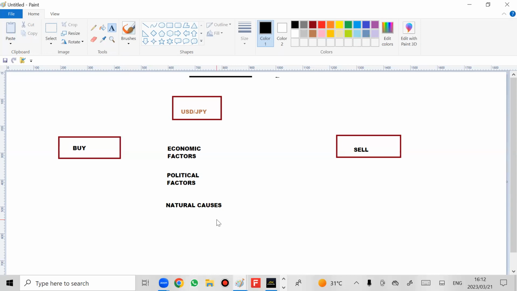So let's talk about the economic factors first. Here we're relating economic factors to how the economy is doing in terms of trades, exports and imports.